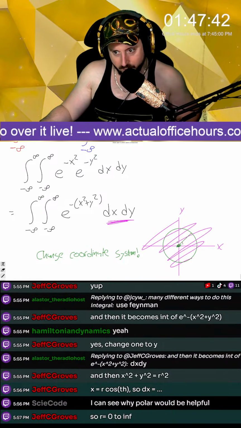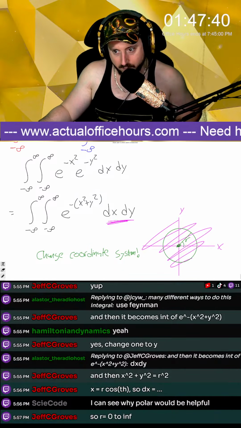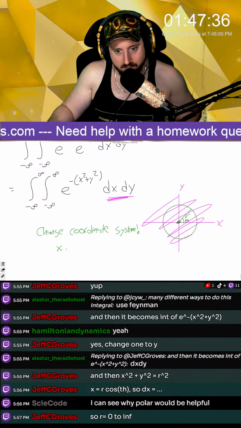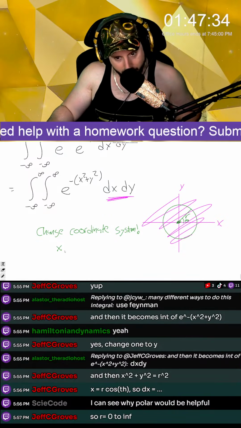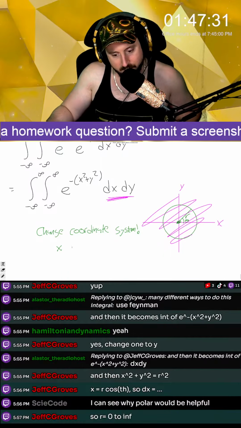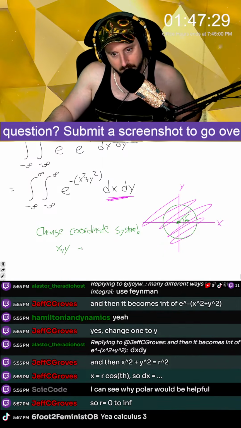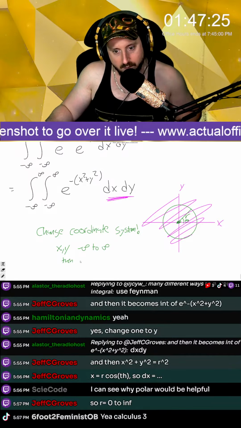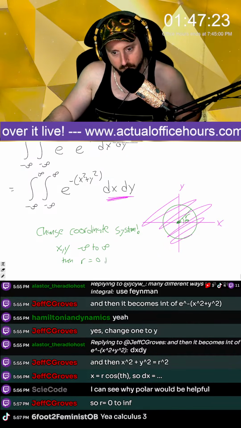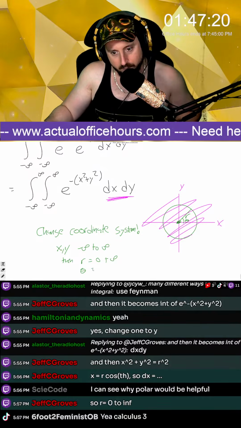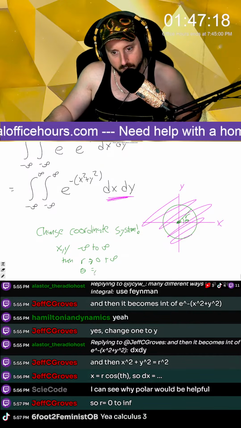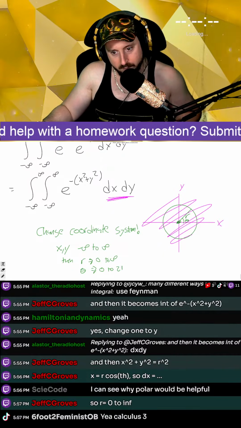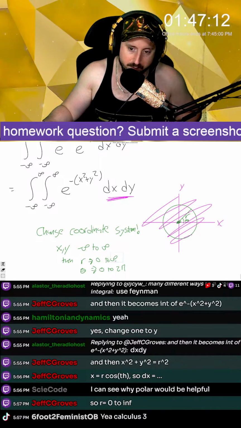So this is going to be r, and this is going to be theta. If x and y go from negative infinity to infinity, then r goes from 0 to infinity, and theta goes from 0 to 2 pi. I know there's a fancier way in math to write this, but I'm just writing it in English for now.